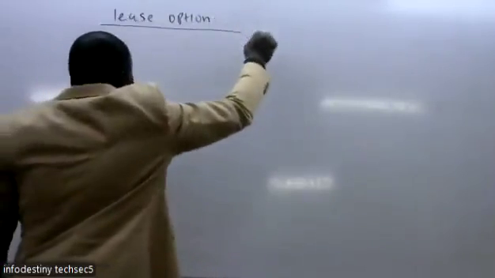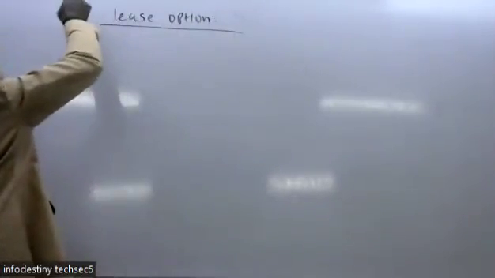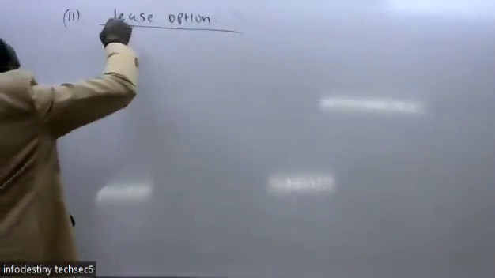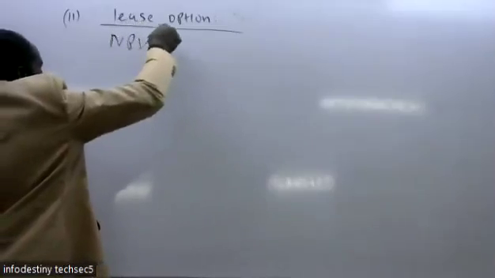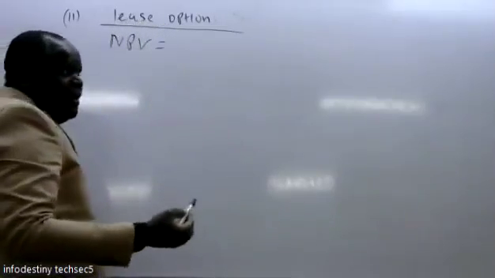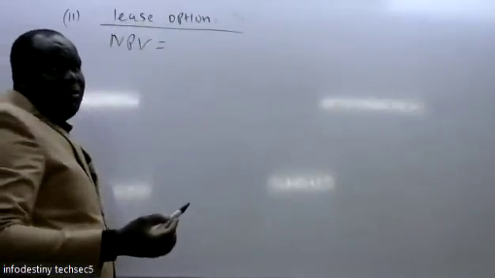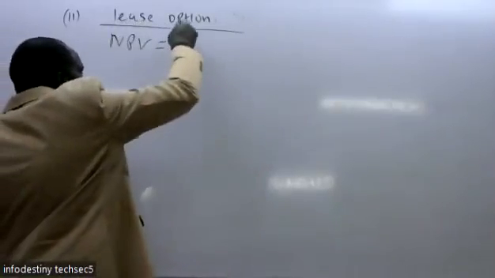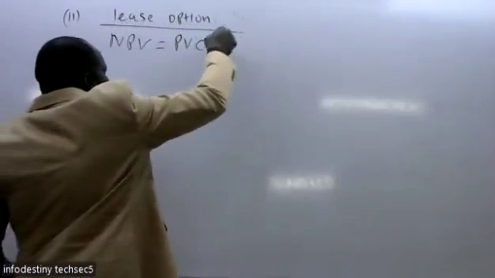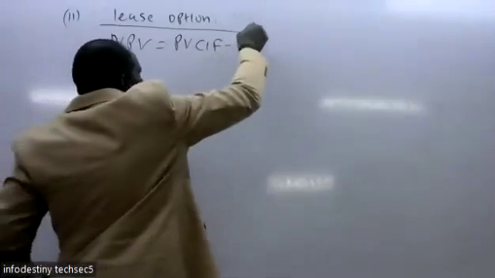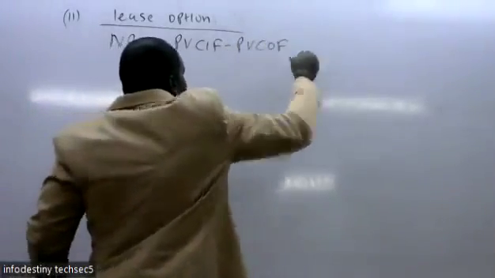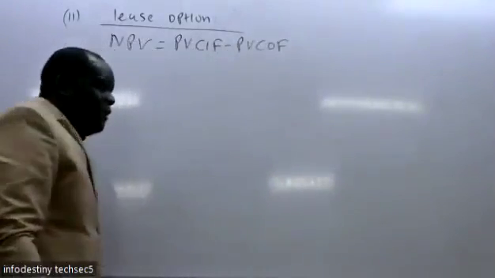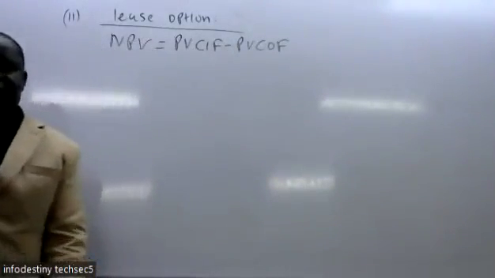So the lease option is our Roman letter 2. We still want to get the NPV. NPV should also be given by the present value of the cash inflows minus the present value of the cash outflows.